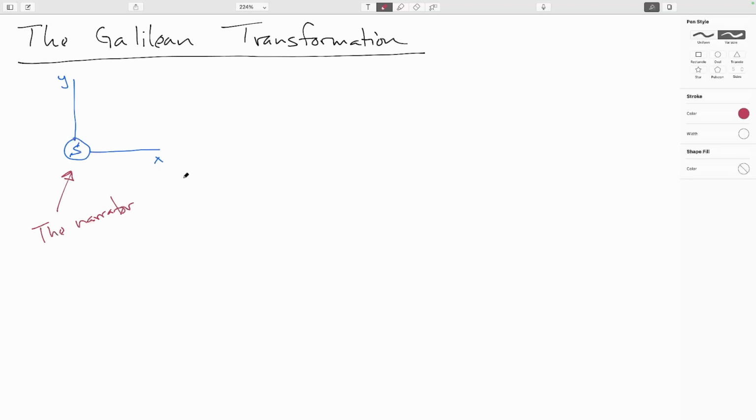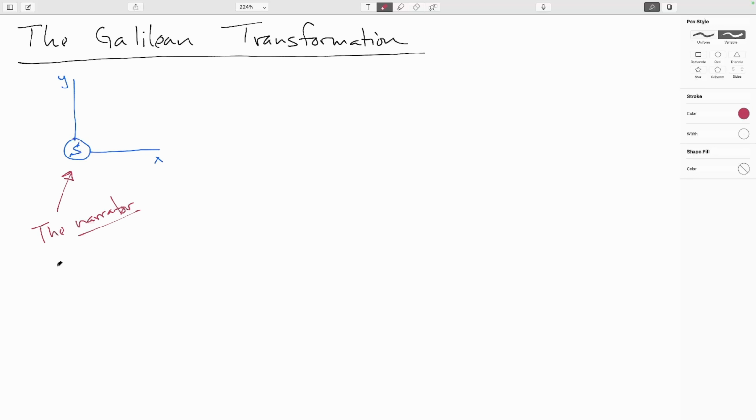Now, it'll turn out, since they're inertial observers, either observer is entirely entitled to say they're stationary and everybody else is moving. But in the problem, you'll have some phrase like, a person is sitting by the bank of the river and they see a boat.